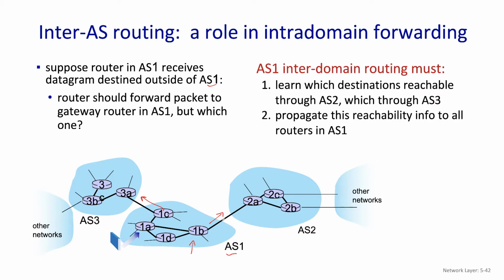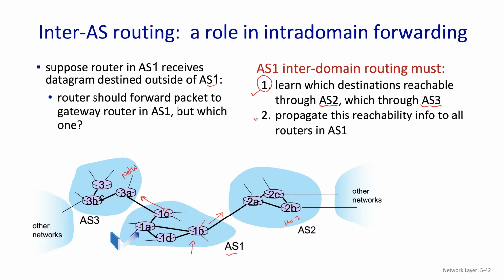So at this point, the inter-domain routing must learn which destinations are reachable through AS2 and AS3, right? That means we have to have a summary of the networks that we can reach within AS3 and a summary of the networks that we can reach from AS2. So this must be in each of the gateways. It must know which one. Okay, this is the first thing that we have to be aware of.